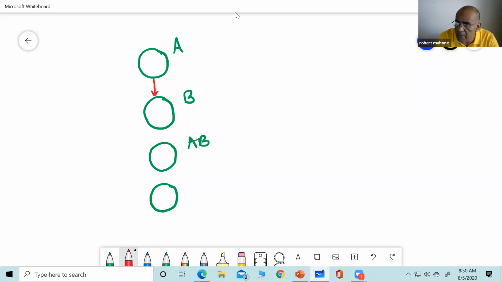No. Can B blood be transfused to an A person? No. Can AB blood be transfused to an A person? No. Remember the B.